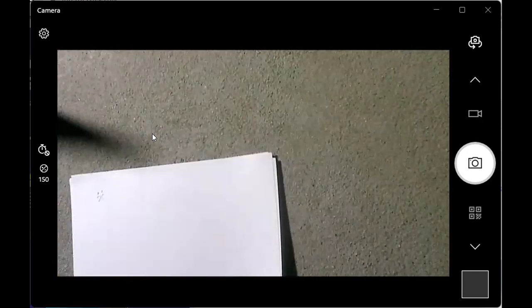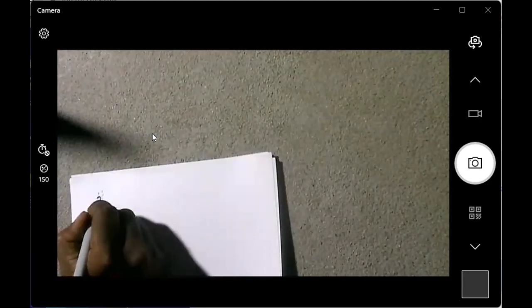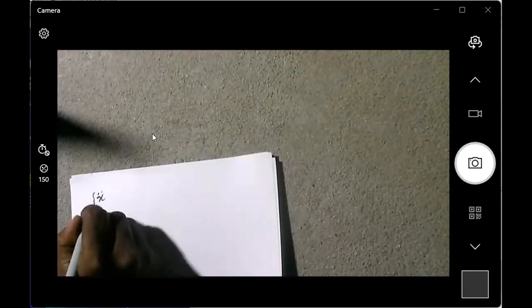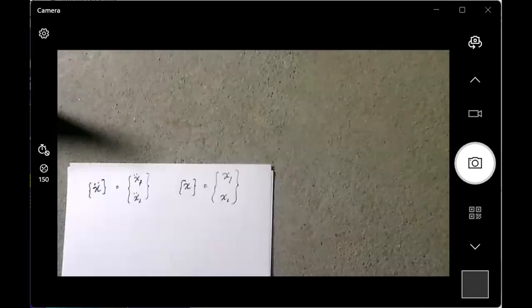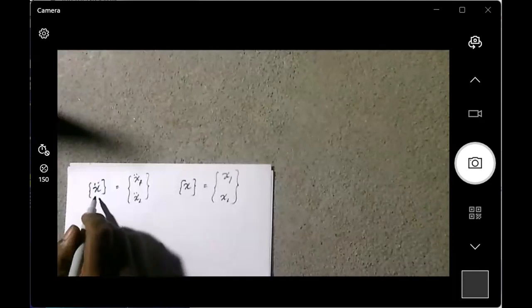One is the vector x double dot, which represents the acceleration vector, exactly this one, x1 double dot, x2 double dot. Right? So this is the acceleration vector.